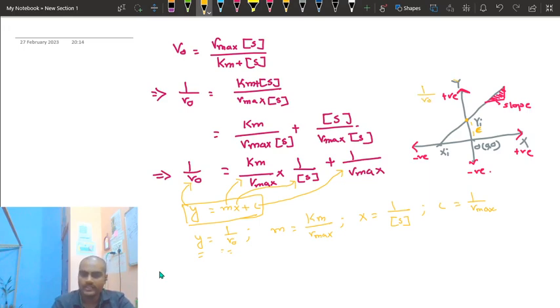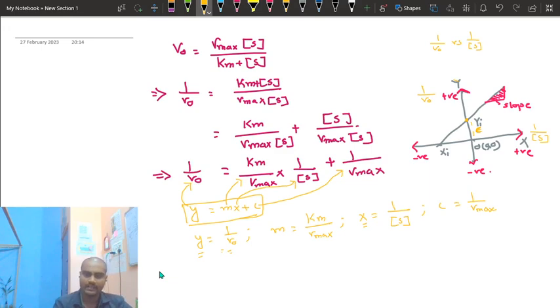And the value of x will be 1 by the concentration of [S]. So one thing is already clear: we are going to represent a graph between 1 by V0 versus 1 by substrate concentration. This is the graphical representation.